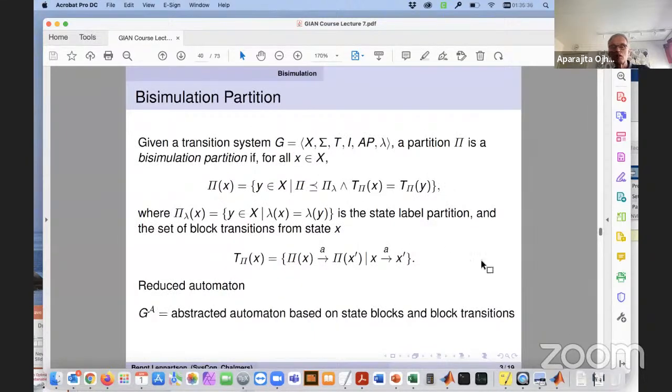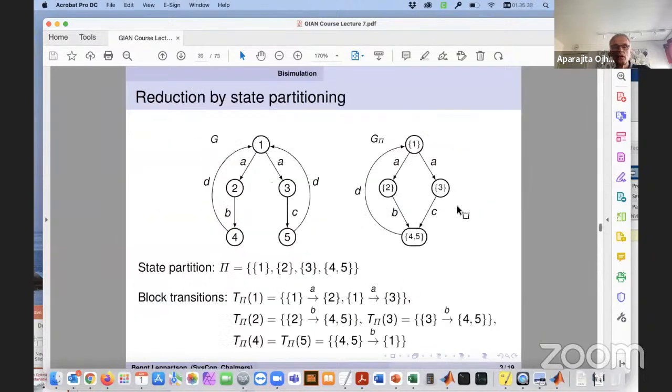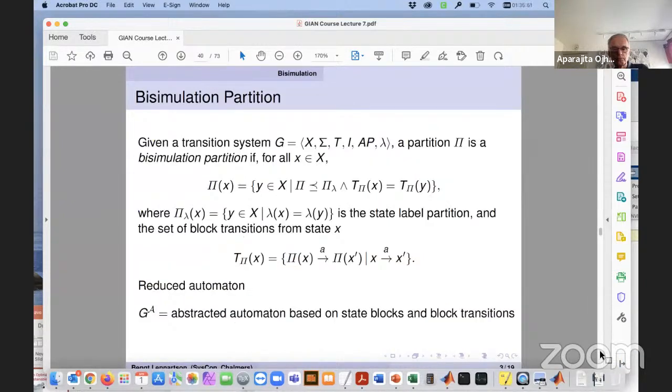Here I could only reduce this by joining 4 and 5, but in other cases, of course, we can do much more than this. But the technique in the algorithm is to look at the block transitions and see that they should be the same.